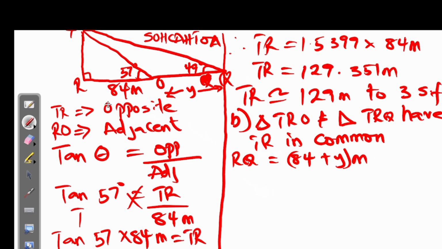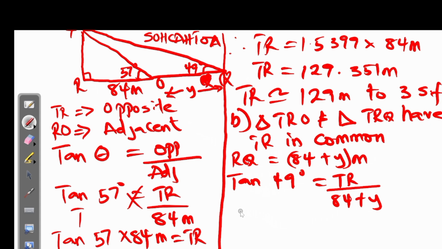The ratio that connects adjacent and opposite is tan. So tan 49 is equal to opposite, which is TR, over adjacent, 84 plus y.